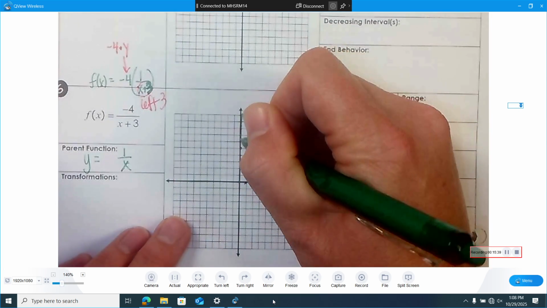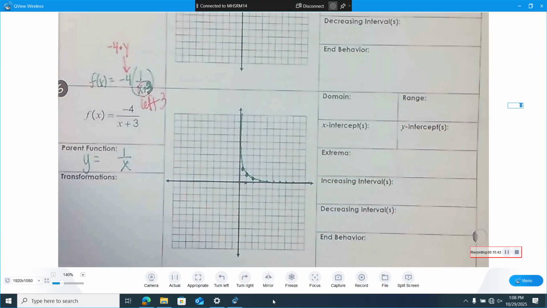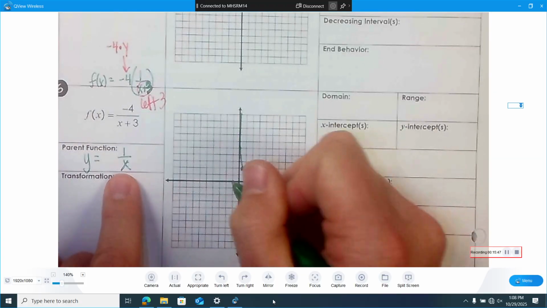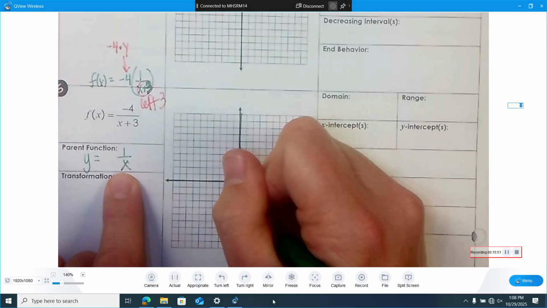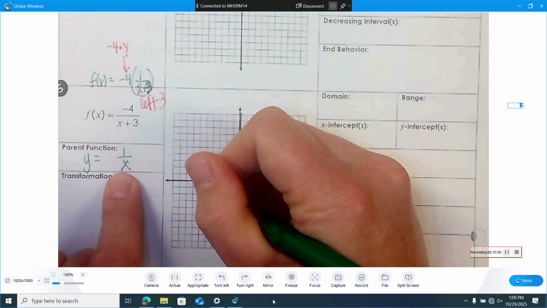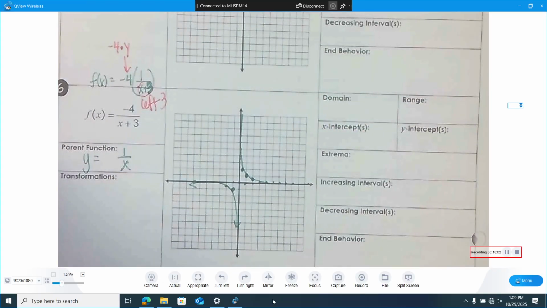So it's a shape like this. It's very crazy. And then the other side also, if x is -1, we would get 1 over -1, which is -1. And we get -1/2 if we plug in a -2. So it's this sort of shape like this. It has a vertical asymptote and a horizontal asymptote in there. Okay, so that's our reciprocal function.